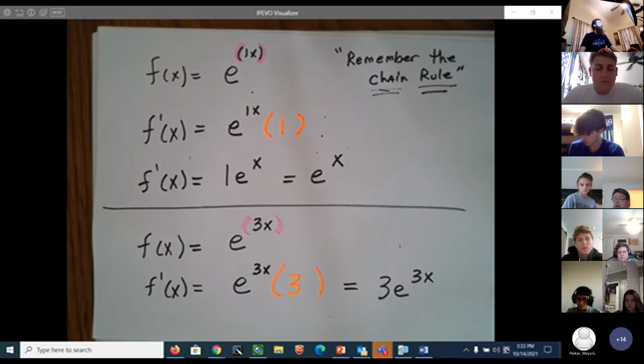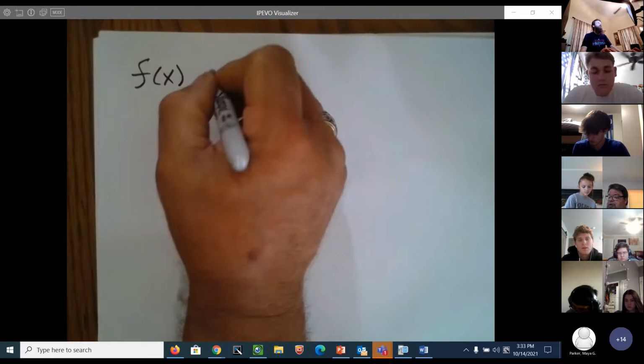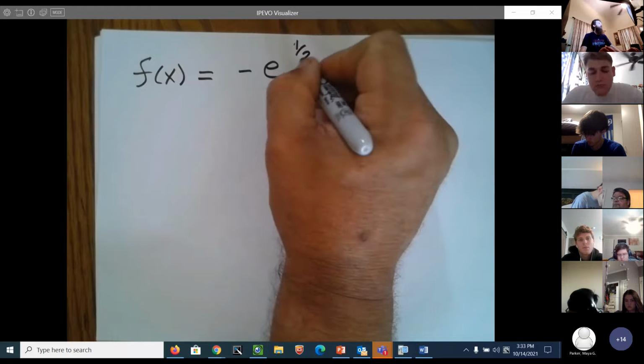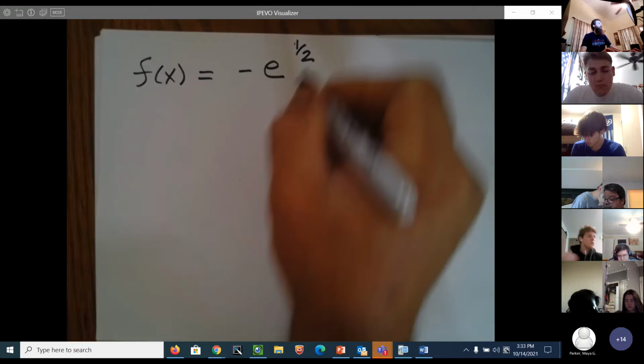Here's another one that you'll get wrong. F of x is equal to negative e to the 1/2 x.